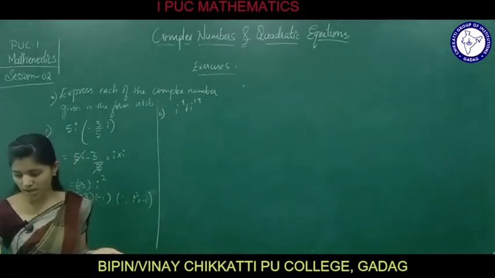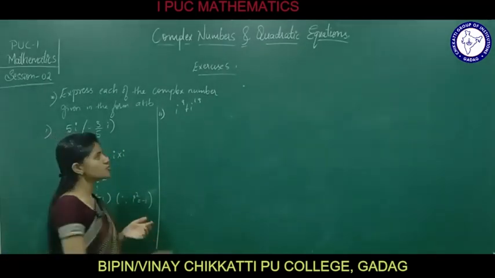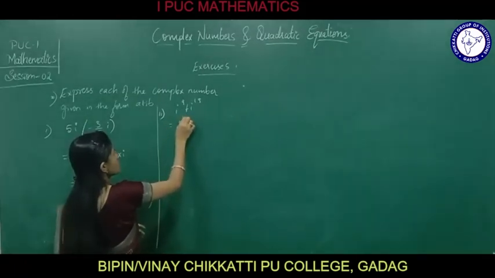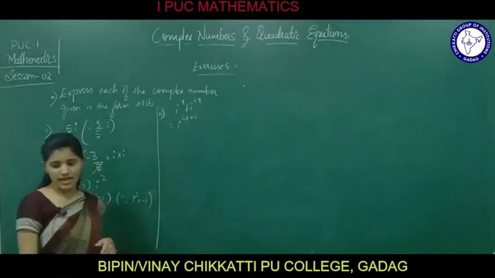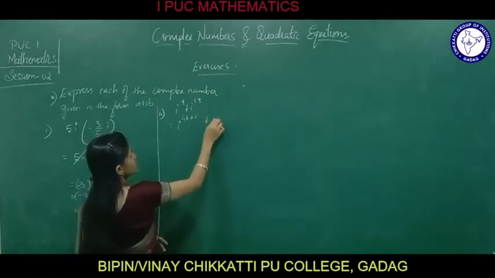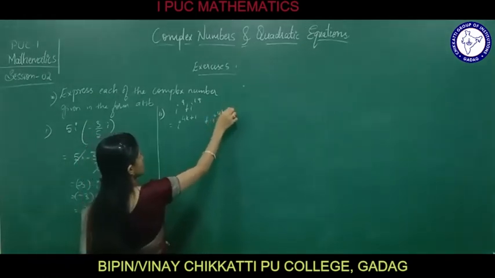Now we are going to use it. This can be written as i raised to 4k plus 1, and the next can be written as i raised to 4k plus 3.